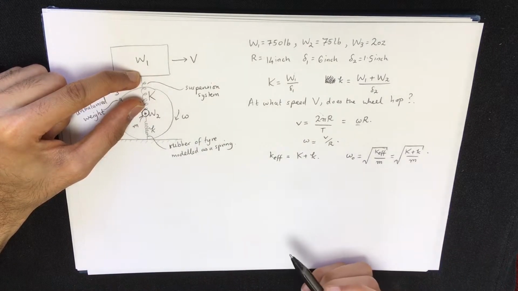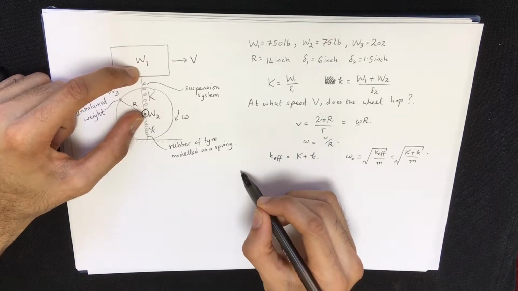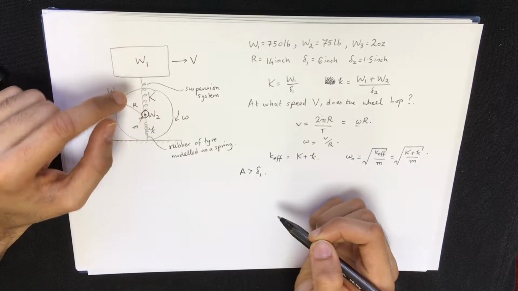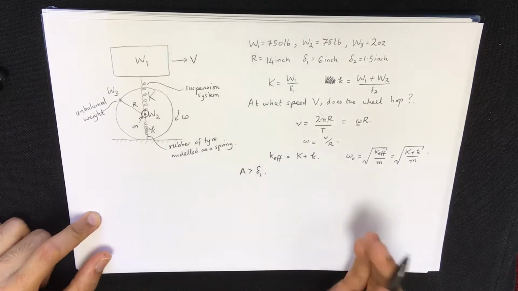So the criterion I'm going to put for the wheel hopping off the ground is that the amplitude A is greater than delta 1, which is the static deflection of the suspension system. And let's see where this takes us.